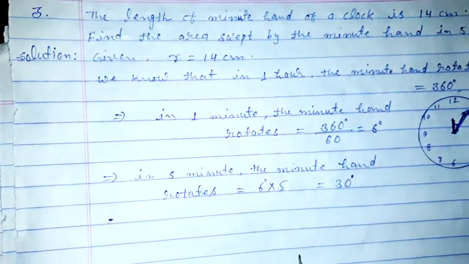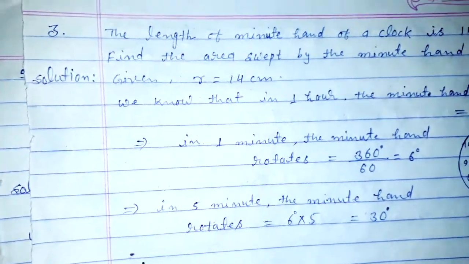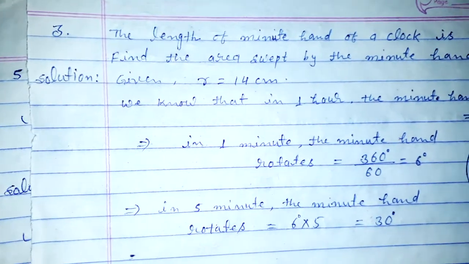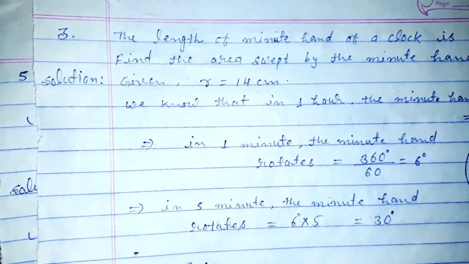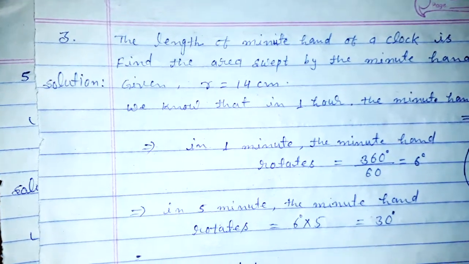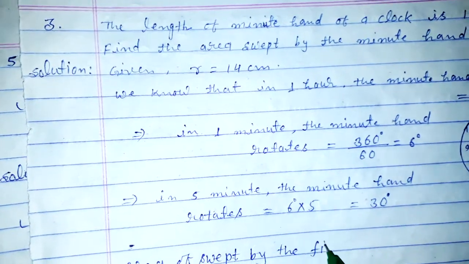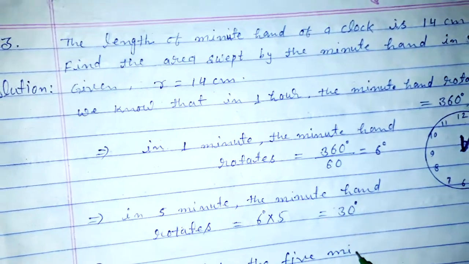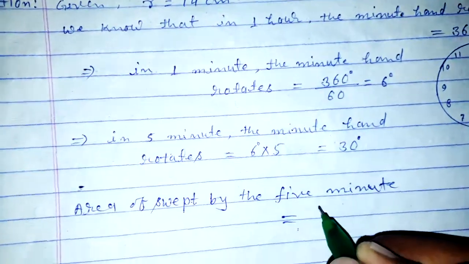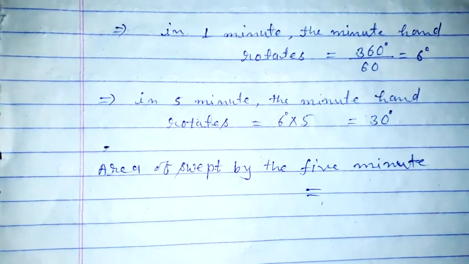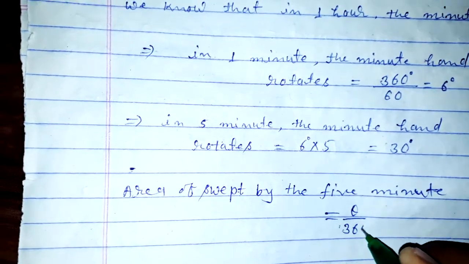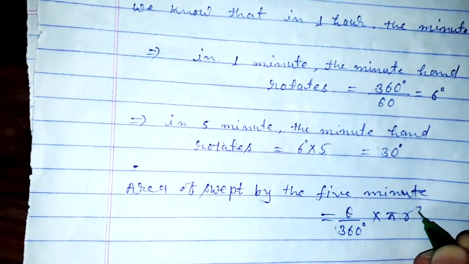Now find the area. Area swept by the minute hand in 5 minutes is equal to, also use the formula of area of sector, theta upon 360 degree into pi r square.